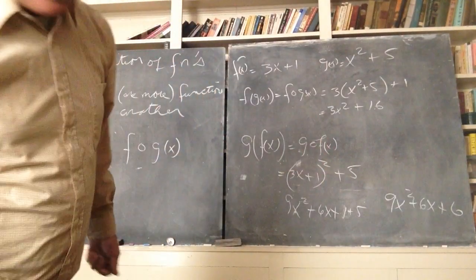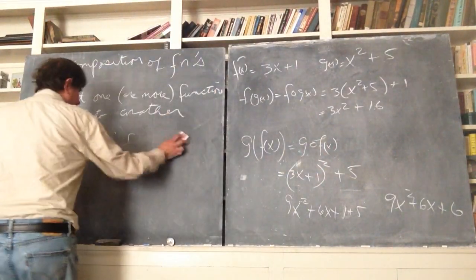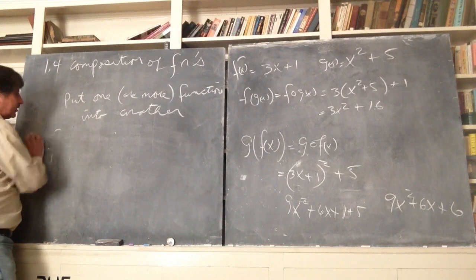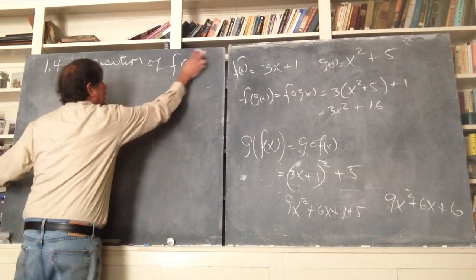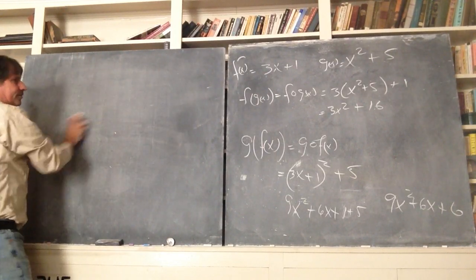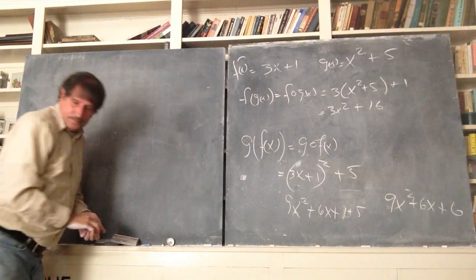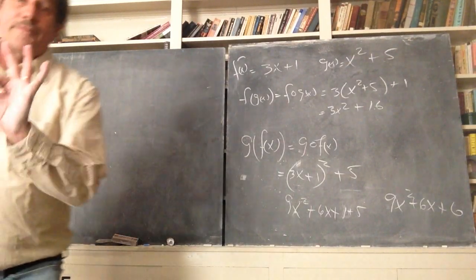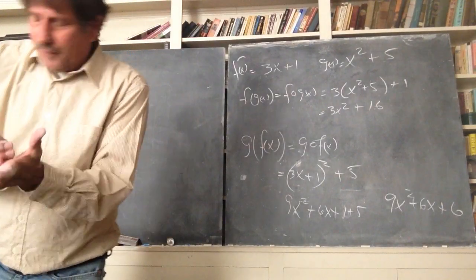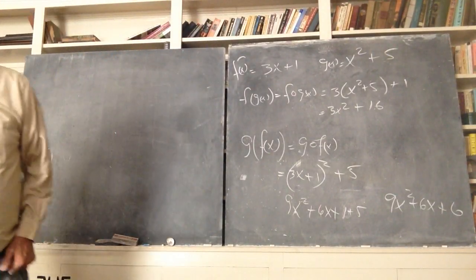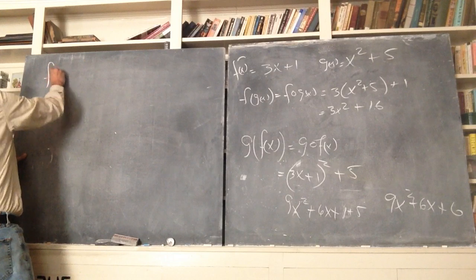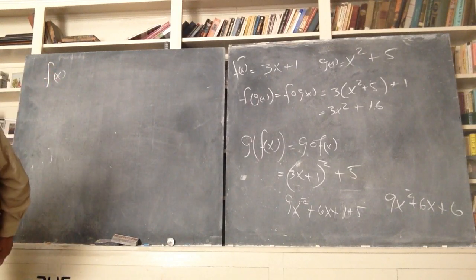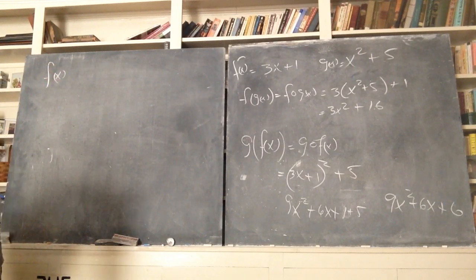Now we can do that with variables as well. For example, completely different functions here. I considered naming these something different, but I'm going to use f and g. By the way, you can have 3, you can have 5 functions. You can have as many functions as you want. f, g, h is usually what we do. But here, another example: f at x is 3x squared, g at x is x minus 5.